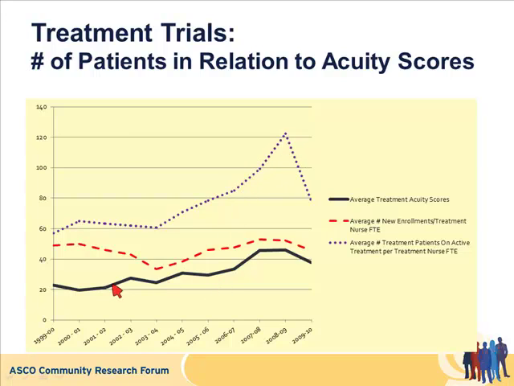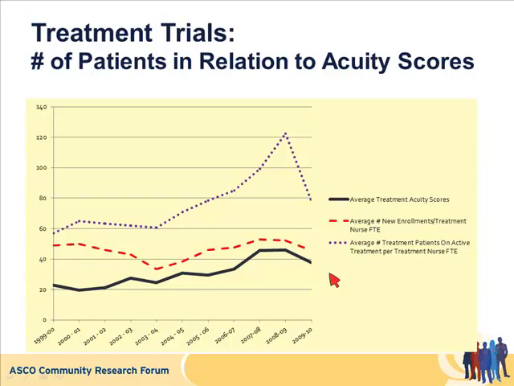But if you look at the actual acuity scores, you don't see as severe ups and downs as you do if you just looked at numbers of patients on trial. And then the red dotted dash is the actual new enrollments per nurse per month, per year.